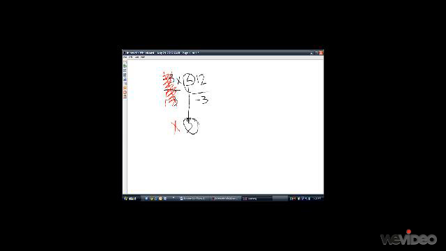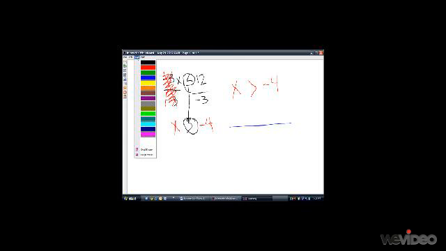Now we're going to graph this. We're going to have an open dot over the negative 4.